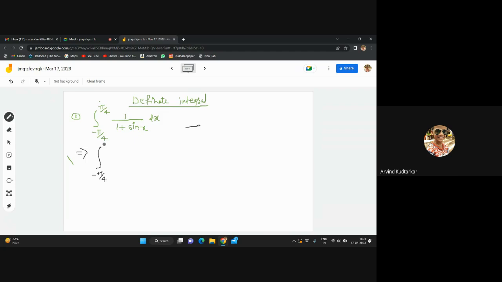Right? If you are doing rationalization, it means multiplying and dividing throughout this by 1 minus sin x. So 1 minus sin x upon 1 plus sin x into 1 minus sin x is 1 minus sin square x, and 1 minus sin square x is cos square x. Yes, it is cos square x. Now you divide that cos square x to each term of numerator.